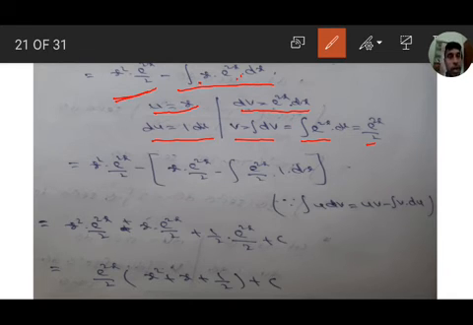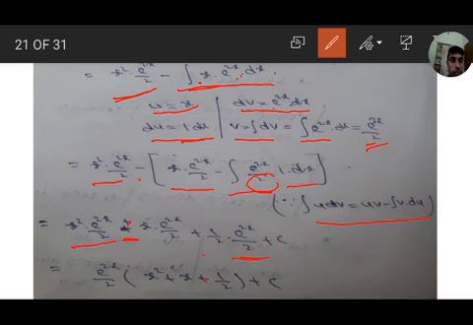So x square into e to the power of 2x by 2 as it is, then this formula: integration of u dv equal to uv minus integration of v du. So x into e to the power of 2x by 2 minus integration e to the power of 2x by 2 into 1 into dx. So this 1 by 2 is the outside coefficient; multiplying with minus, we get x square into e to the power of 2x by 2 minus x into e to the power of 2x by 2, plus 1 by 2 outside, integration e to the power of 2x by 2.